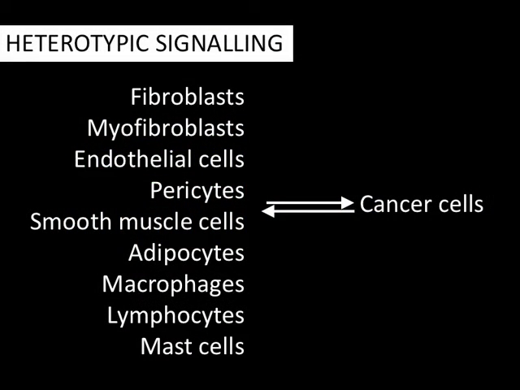So we see the shifts in cell populations, and that's just one example looking at immune cells. So what we have is we have the cancer cells signaling to all these different populations of cells that we could find in tumors, and in turn these are signaling back. This is the heterotypic signaling. This is the signaling between fundamentally different types of cells.